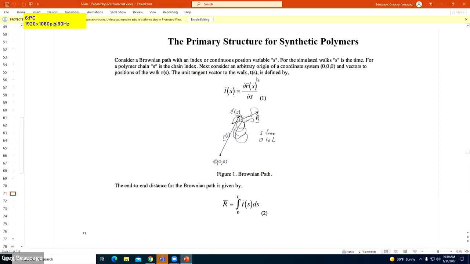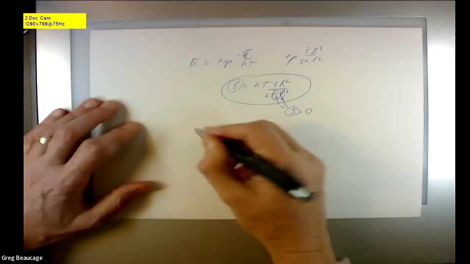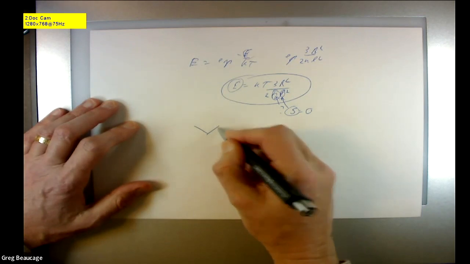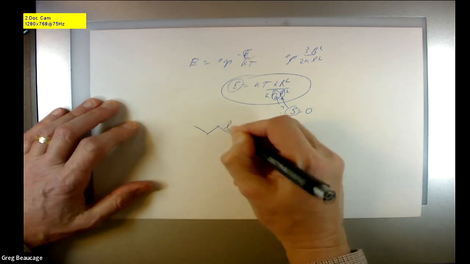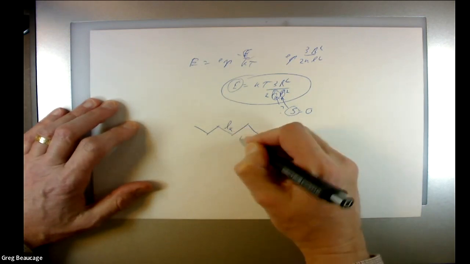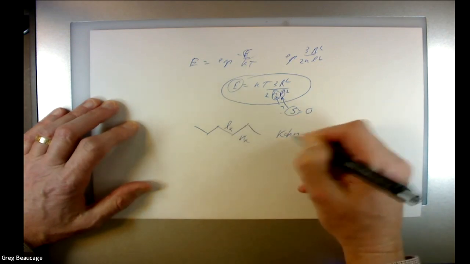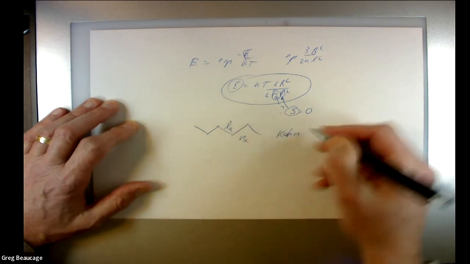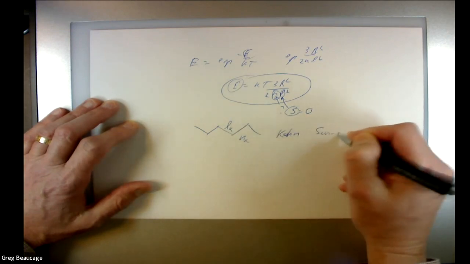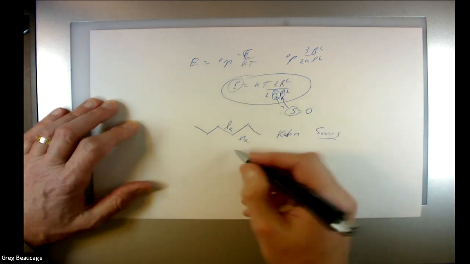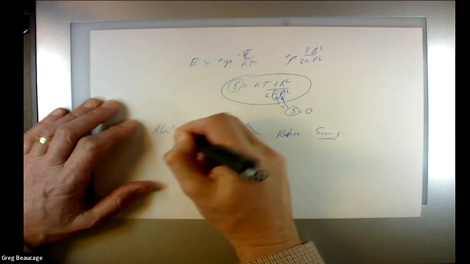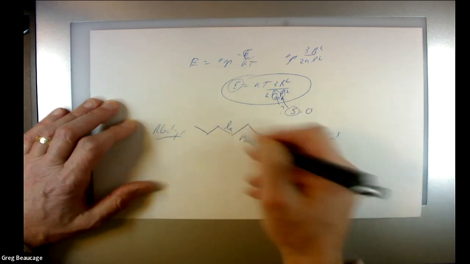Anyway, there are two ways to get this. One is to say the chain has these steps, and just say it's L_K and there are N_K of those steps. This is Kuhn, K-U-H-N, a Swiss rheologist who invented this model.